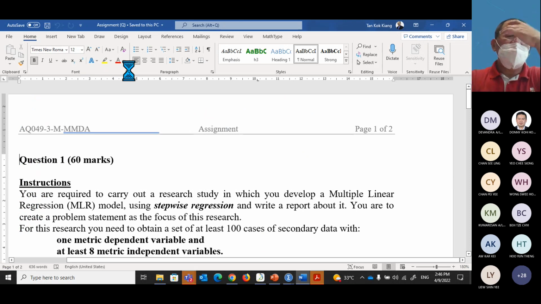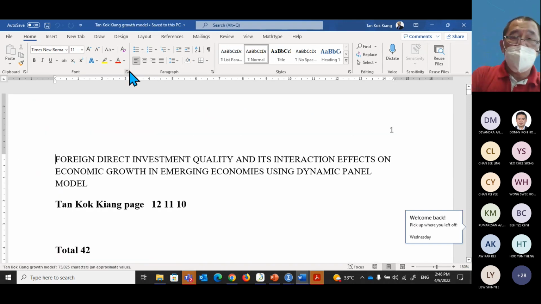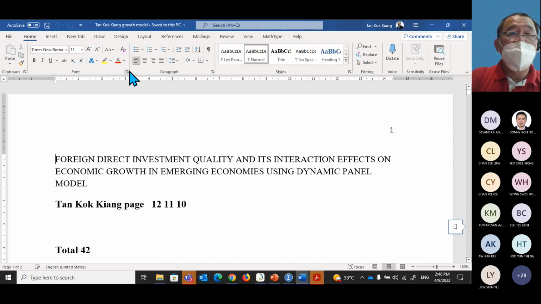Here I also use a similar method. I ran some models in my thesis, not finished, still in process.